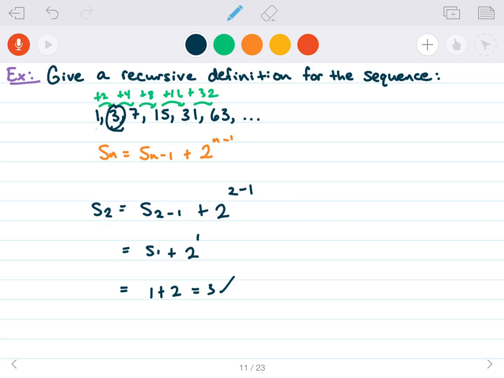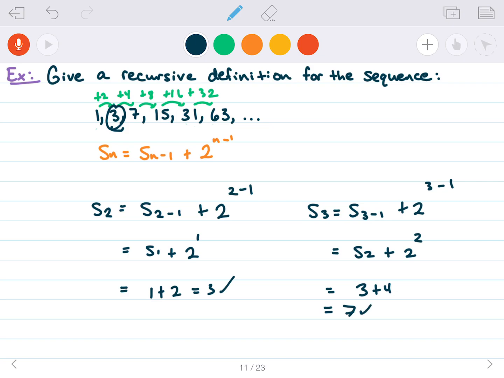Okay, let's try S sub 3, see if that checks out. So S sub 3 is going to be S sub 3 minus 1 plus 2 to the 3 minus 1. So this becomes S sub 2 plus 2 squared. S sub 2 we just found was 3, so 3 plus 4 is going to give us 7.